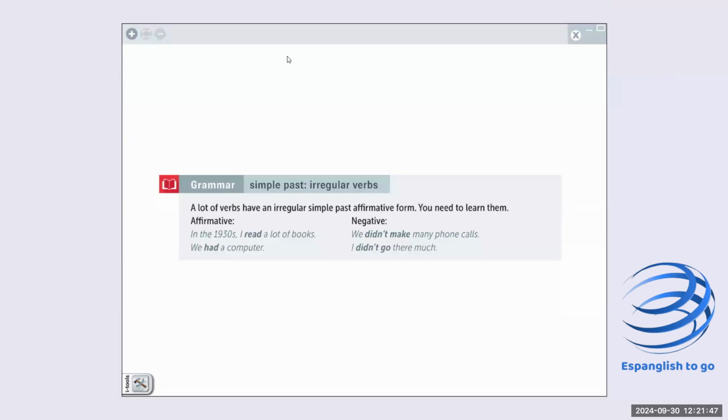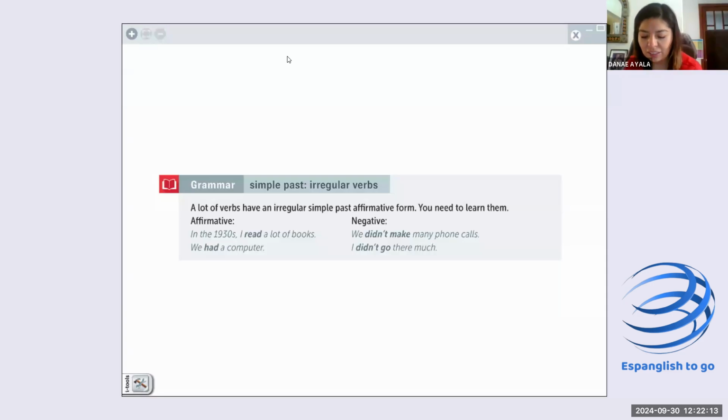Yes. Perfect. The next: we had a computer. At this moment I have a computer, but in the past, I had a computer.